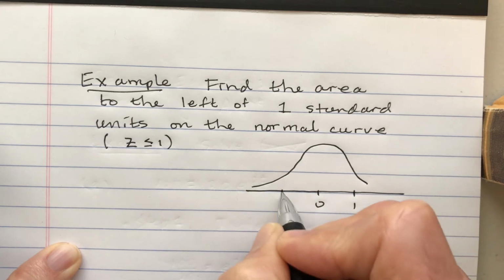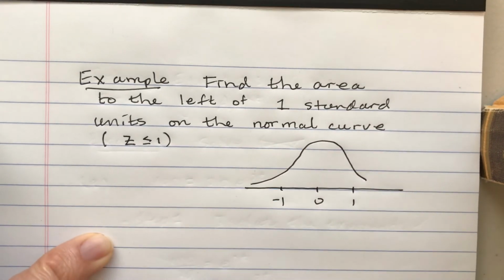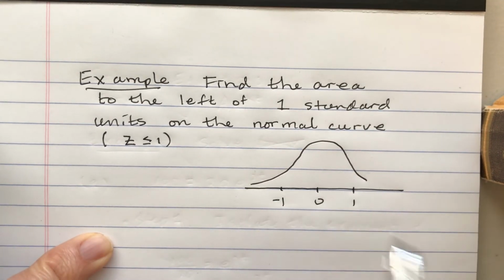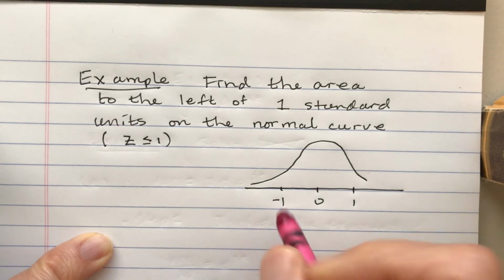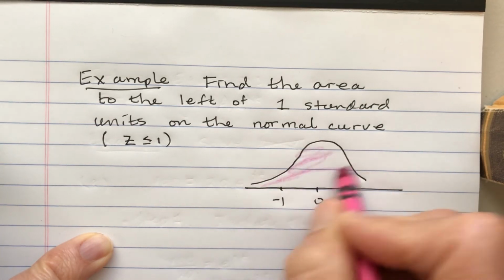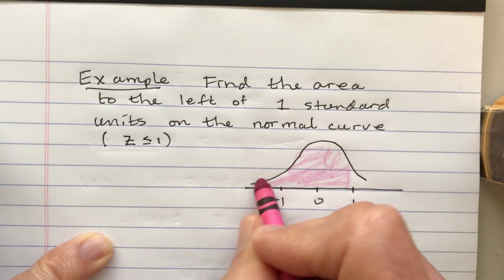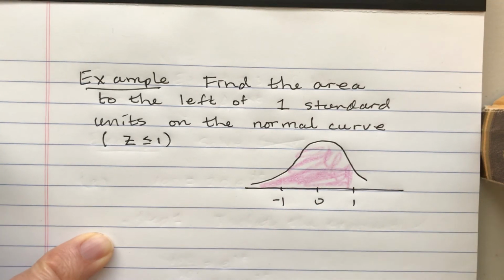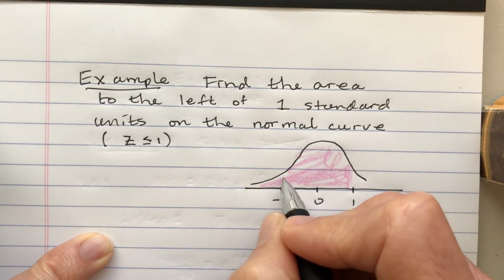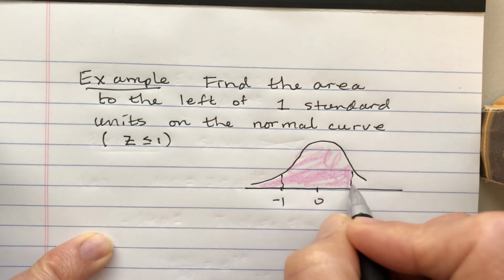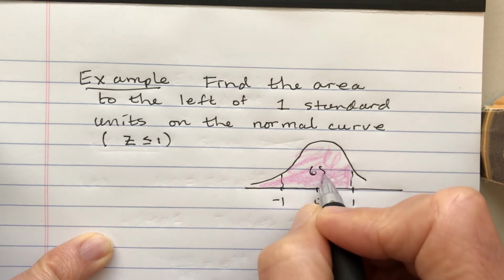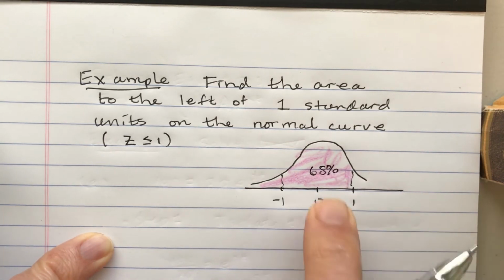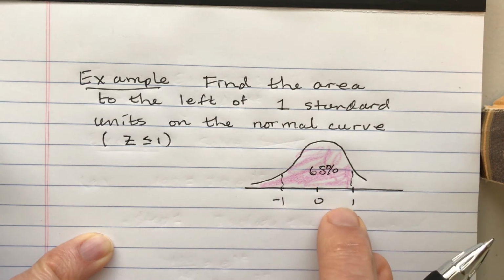Okay, here's 1. Here's -1. All right. So I'm looking at everything to the left of 1. What I mean is all that area for less than or equal to 1. Now, what did we already know, that's 68% between -1 and 1.